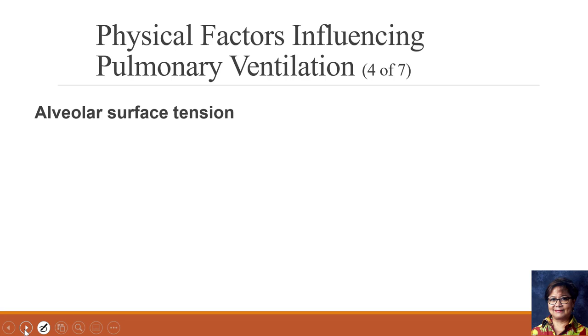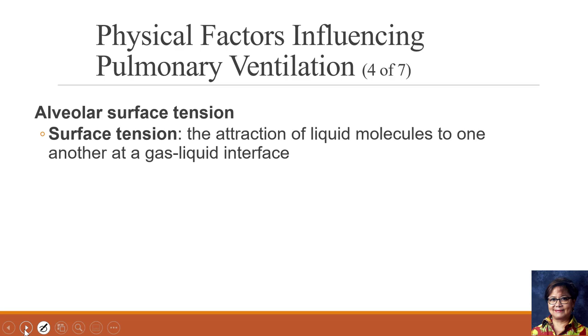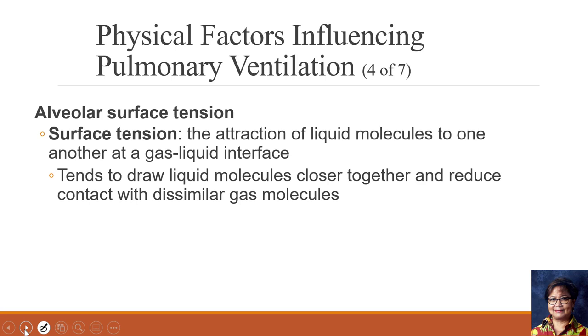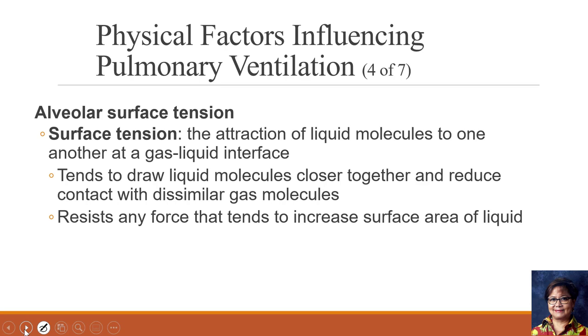So, alveolar surface tension. Take a look at alveolar surface tension. This is the surface tension that is brought about by the attraction of water molecules to each other because of their polarity. And they tend to draw the liquid molecules closer together to reduce contact with other molecules, and they resist any force to increase the surface liquid area.